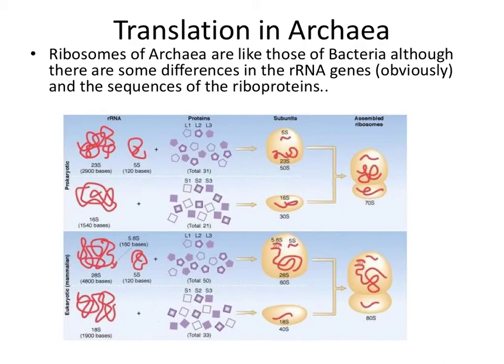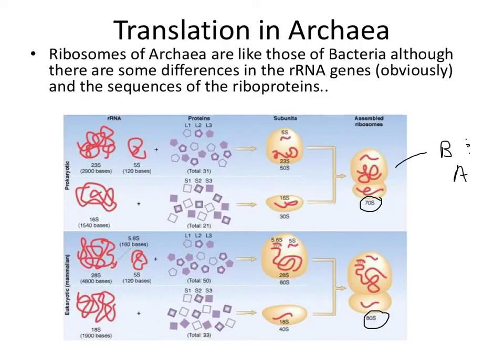However, when you look at them from a larger perspective, the ribosomes of Archaea are actually very similar to bacteria. They have a large and a small subunit, as do all ribosomes, but they're the smaller size, the 70S size versus the 80S size. So this is what we see in bacteria and Archaea.